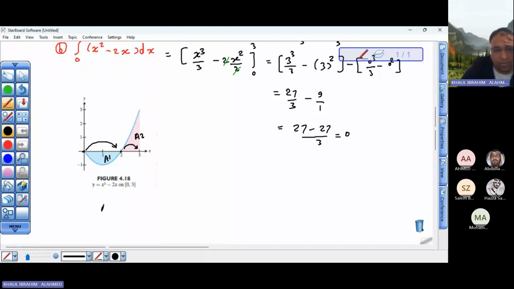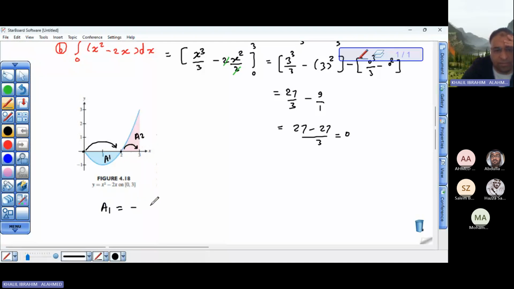For area 1, we can write area 1 equals negative integral of y, because the area 1 is under the x-axis, as you see here.